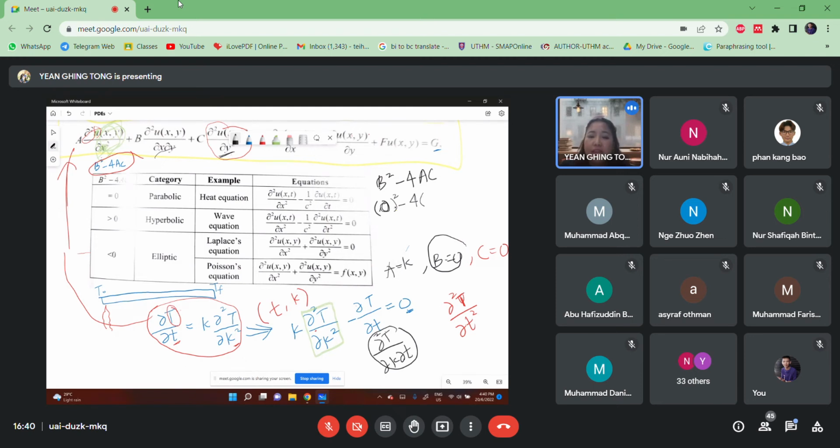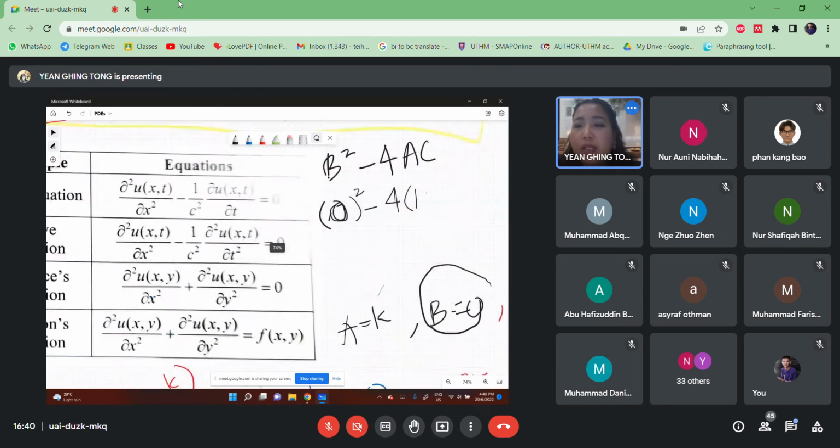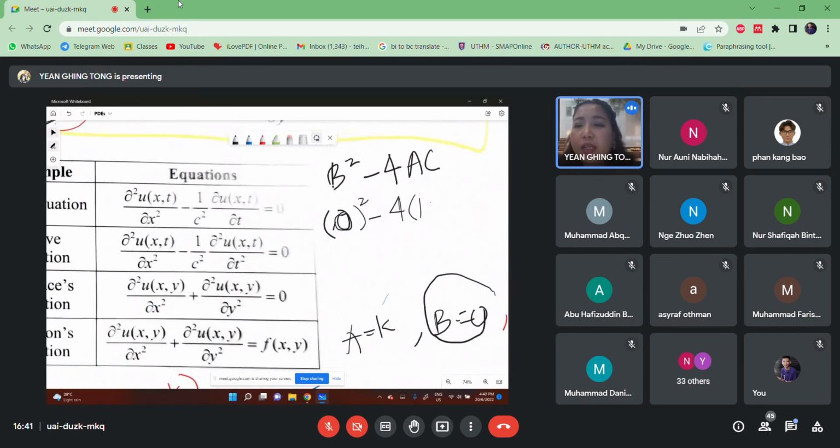A is K. Ini K. C is 0. Tak boleh. Wait lah. Cannot write this one. K. Allah. Boleh K. This one is 0. So let's see. Negative 4 times K times 0.